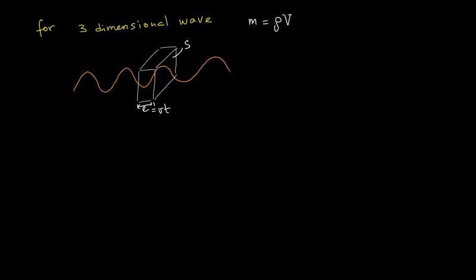So this distance L is the distance that the wave travels in a time t. So L equals Vt, and the volume of this element equals the surface area times the length. So if I plug that into the expression for mass, that would be rho times volume equals rho times S times L, which equals rho times S times Vt.